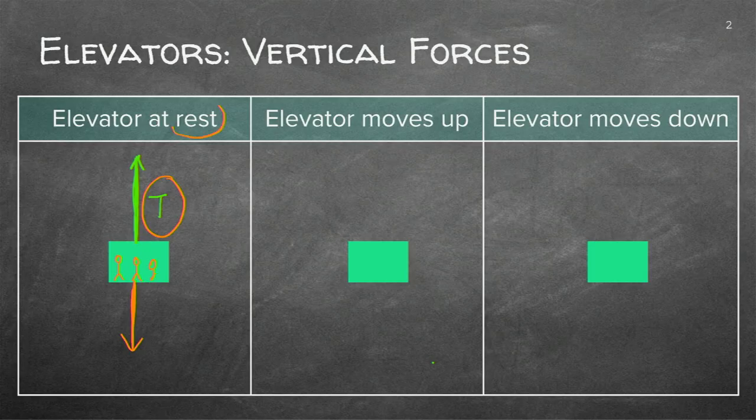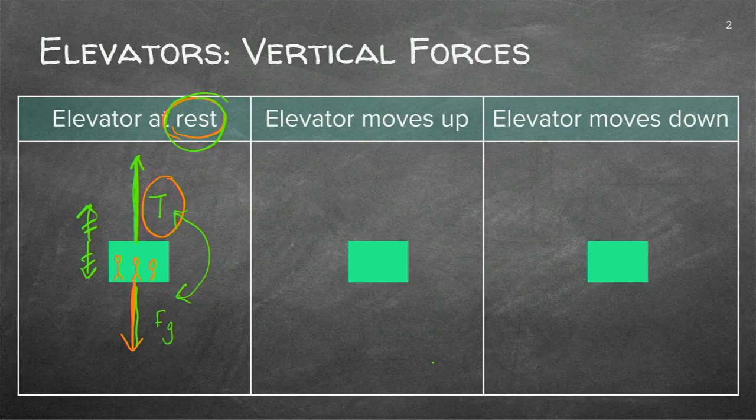If it's at rest, the important thing is that the tension in the upward direction will be exactly the same as the weight downward, because it's at rest. So when it's standing still, the weight pulling downwards will be the same as the tension pulling upward.